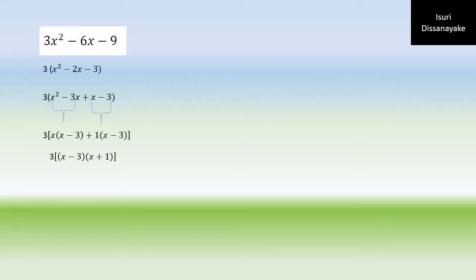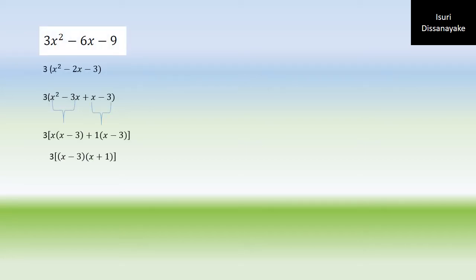Next one, 3x squared minus 6x minus 9. So what is the first step? You have to bring the common value 3 out from a bracket. So once you bring it out from a bracket, you have x squared minus 2x minus 3. Out of the first two numbers, you bring x out.